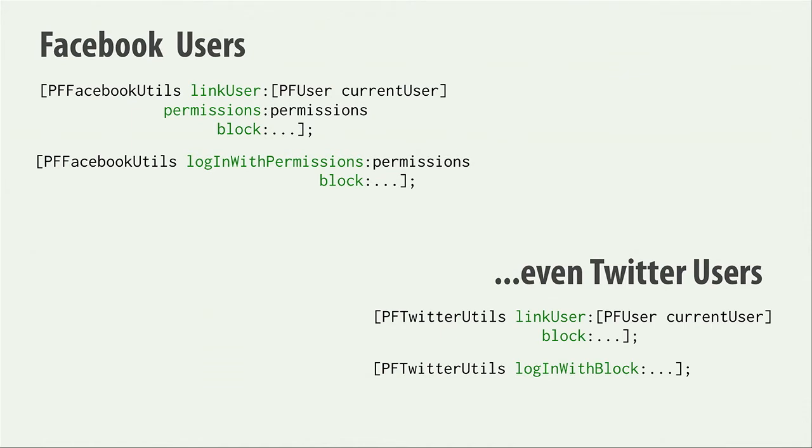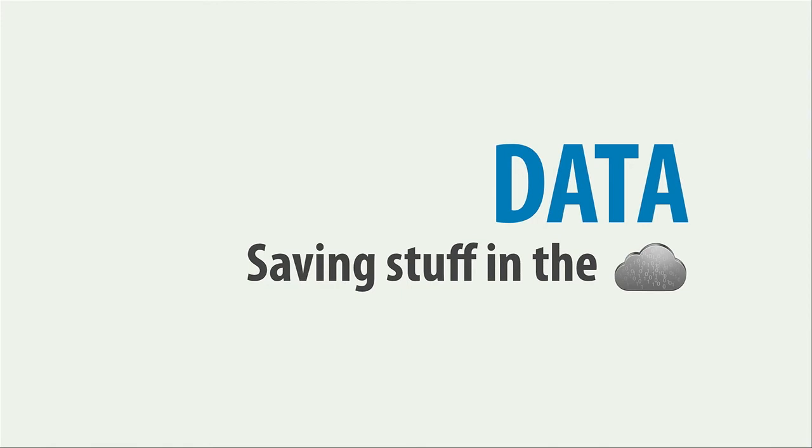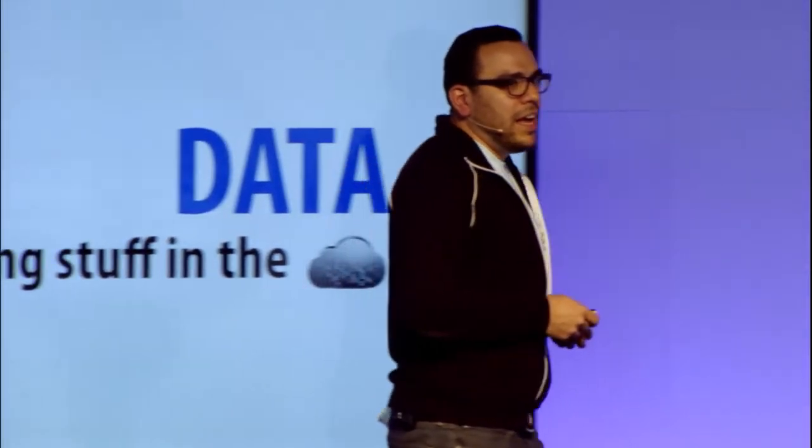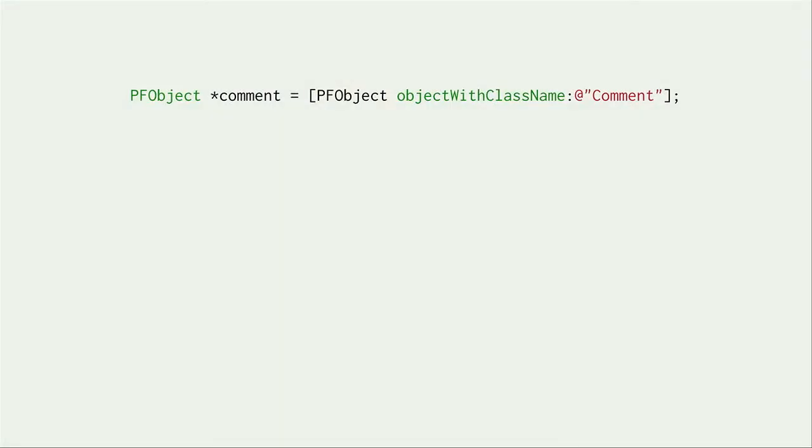so that you can get that data back. So with that out of the way, we need to talk about data, comments and likes on photos in our example. The way that Parse allows you to save custom data to your backend is through the PFObject. A PFObject, you basically initialize it with a class name. The class name, you can think of it as a table name.